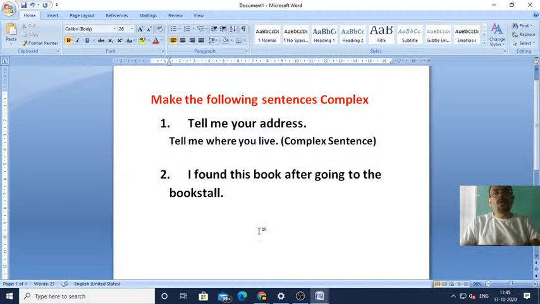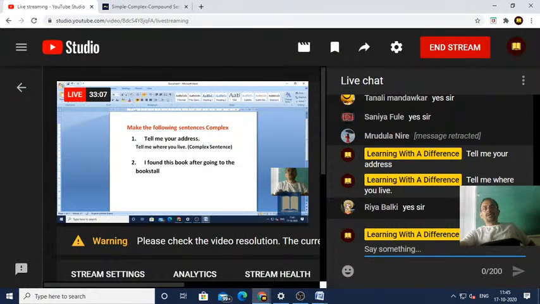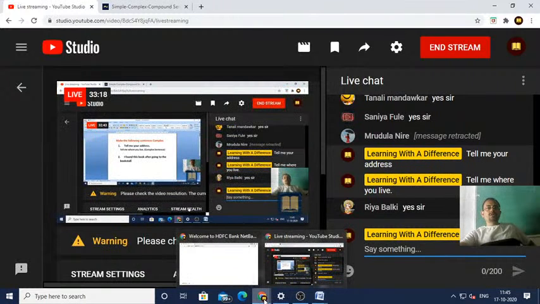If I want to convert this to a complex sentence, how can I convert this? Do you know? I found this book after going to the bookstall. So how can I convert this, dear students? Do you know how to convert this? Let me show you.